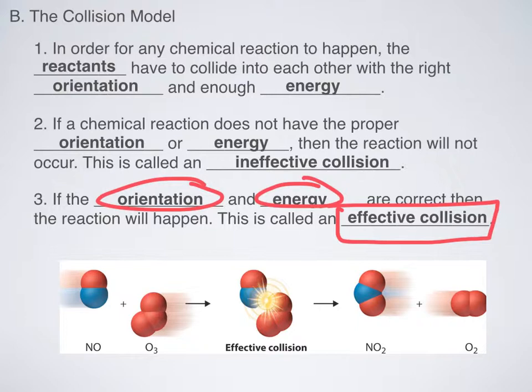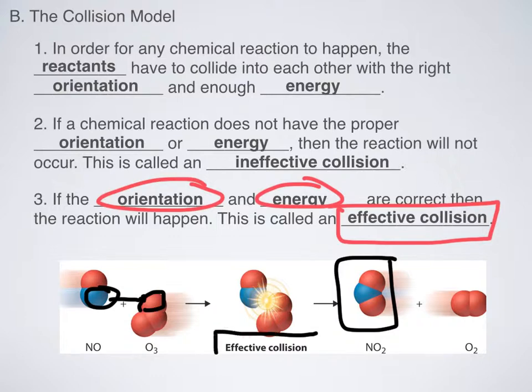You can't really see that in this picture, but you can definitely see the orientation. So look over here at NO, and then look at O3. Notice that the NO, the N, is going to barely hit the edge of the O3 molecule. And when it does that, these two things right here stick to each other, and you end up with your product over here. Okay? That's an effective collision.